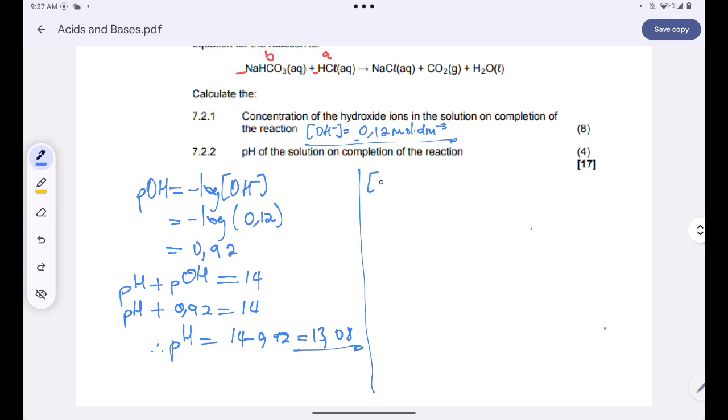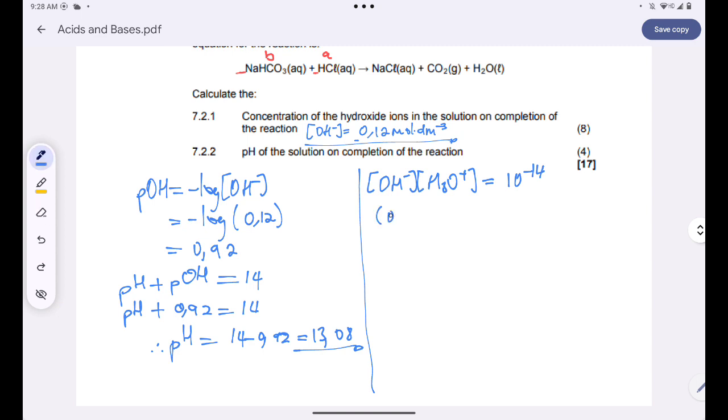If I wanted to use the ionization constant of water, I would have said the concentration of the OH minus multiplied by the concentration of the H3O plus is always equal to 10 to the power negative 14, right?